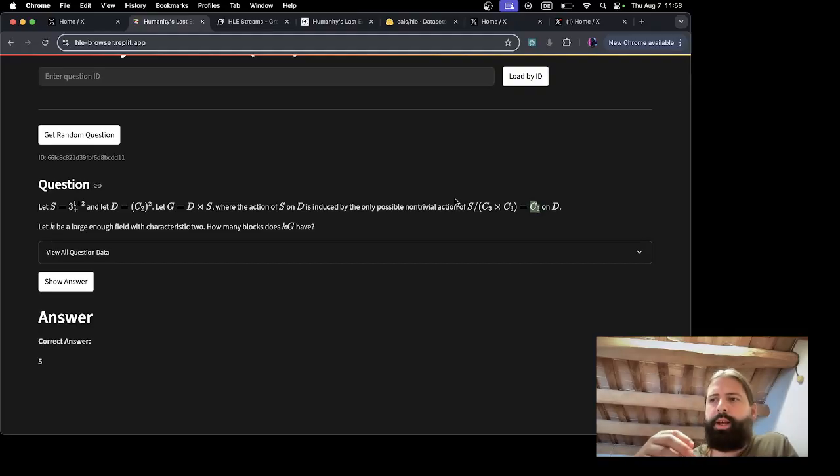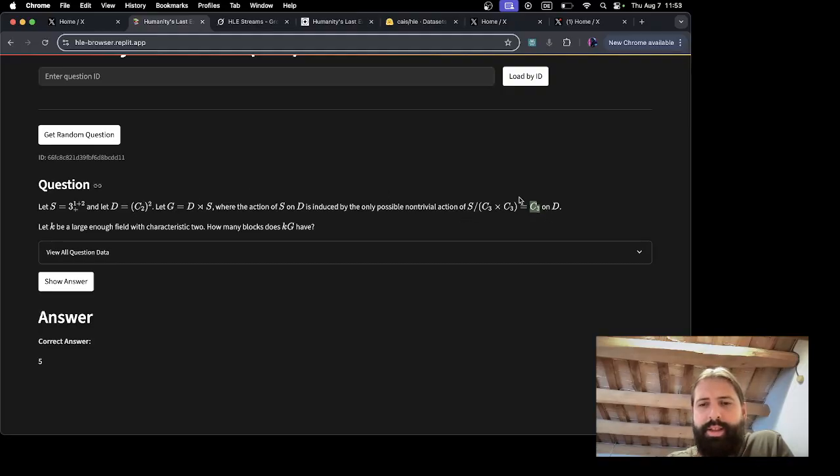By non-trivial, I guess it means that it's not the direct product, that it's not the one that doesn't have any effect between this group and this group. So C3 and C2 squared.